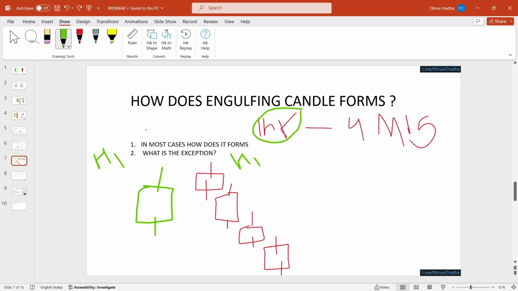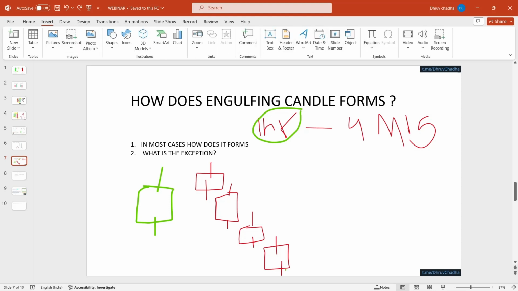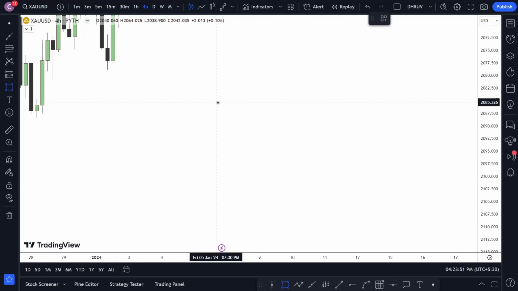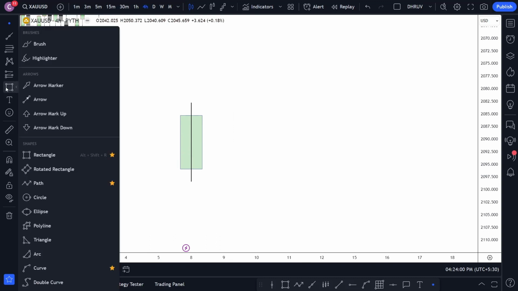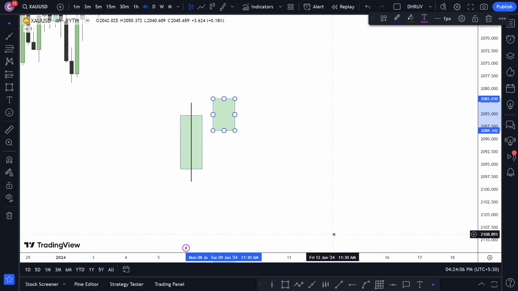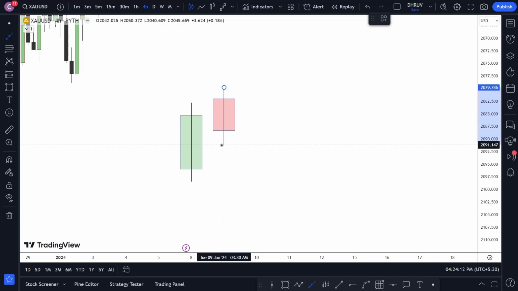There's something important to cover on this. So maybe I will cover this in the later part. So simply what I mean is, let me just go to the charts again. This is a bullish candle, and this is a bearish candle.